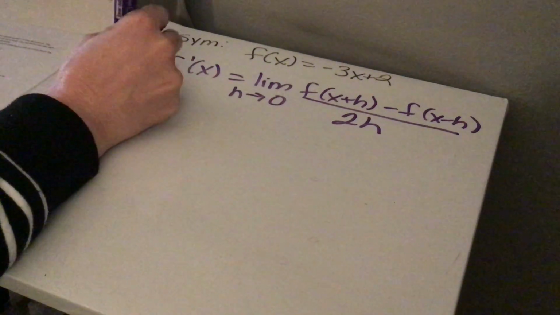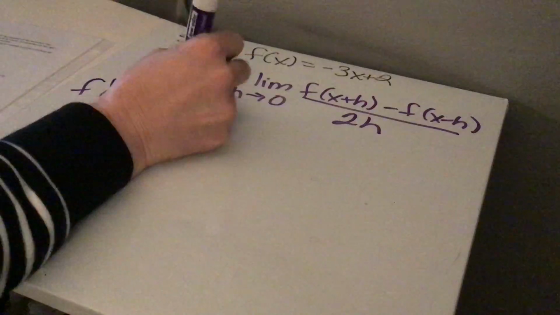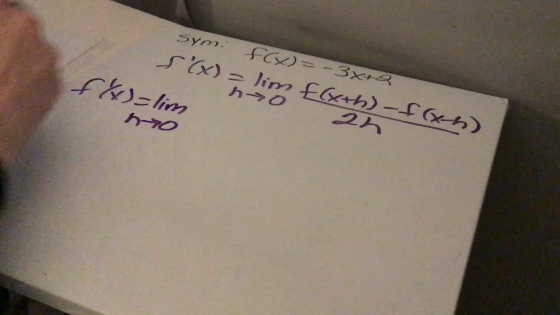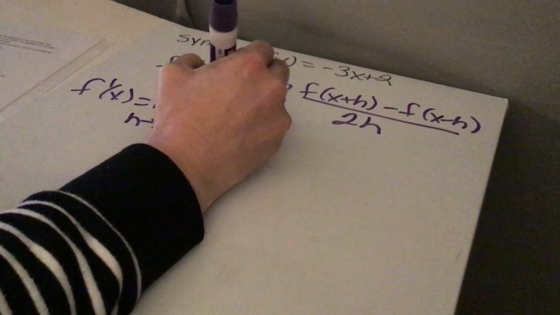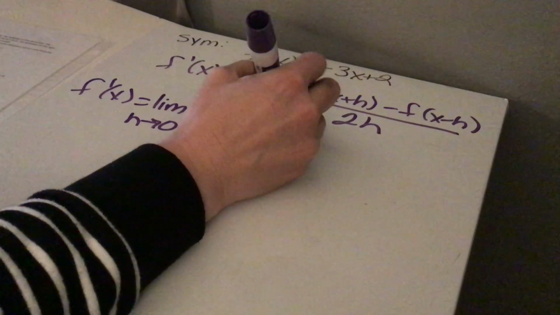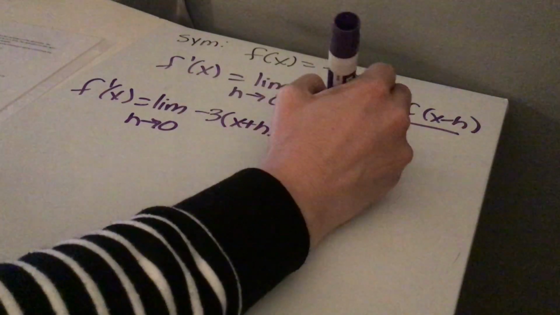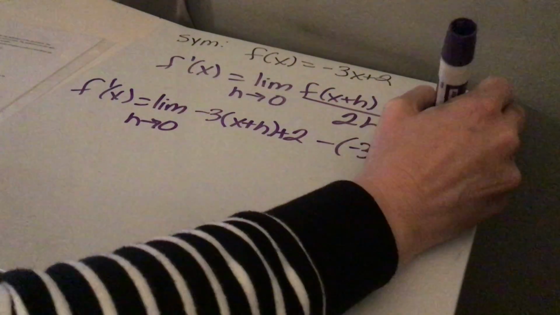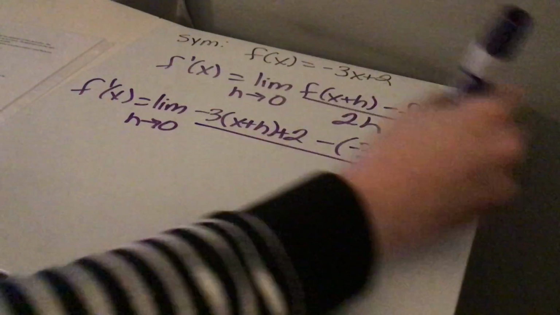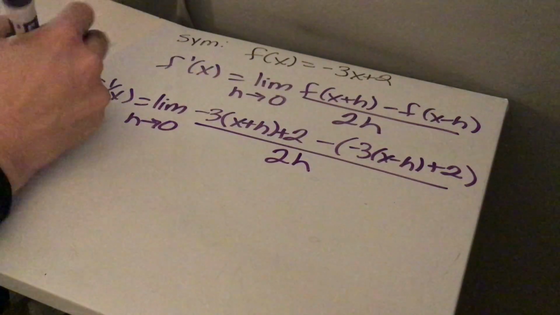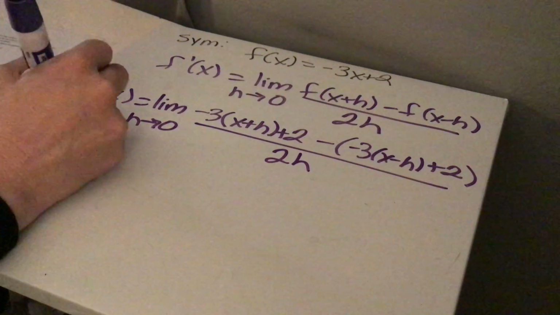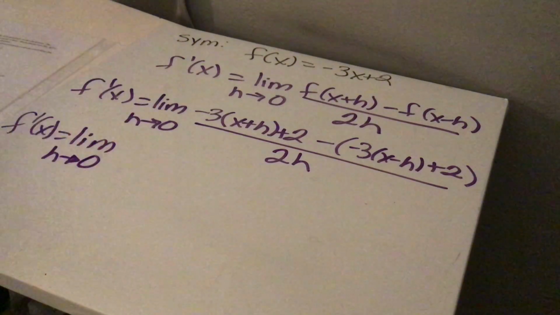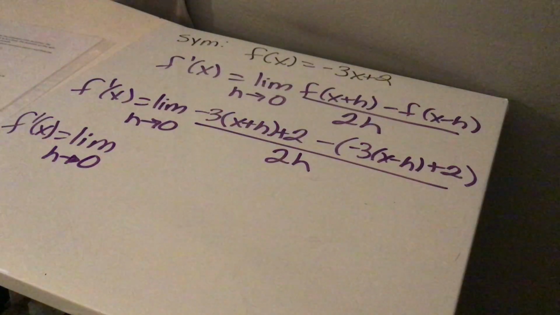So f prime of x is the limit as h approaches 0 of this function evaluated at x plus h. So negative 3 times x plus h plus 2 minus negative 3 times x minus h plus 2 over 2h. Then we have to simplify this, right? We need h out of the denominator because we don't want to divide by 0.